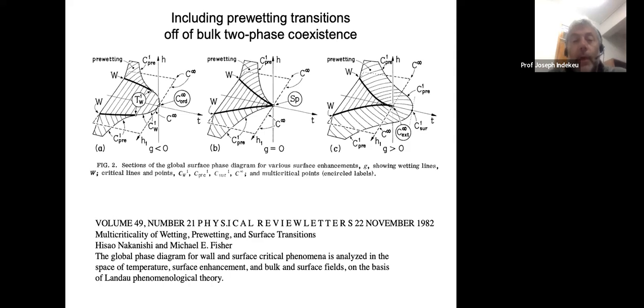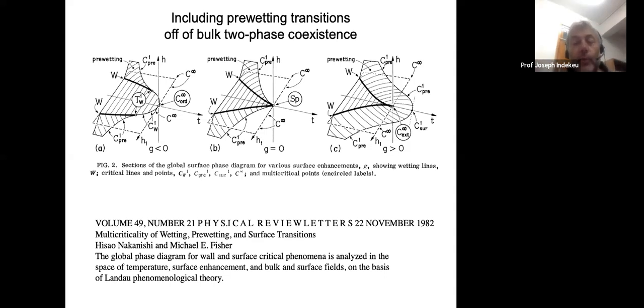And that possibly can arise in the form of a first order phase transition, discontinuity of slope of the surface free energy. And then if that happens, you can follow that, what is called pre-wetting transition. You can follow it towards bulk two-phase coexistence by letting the bulk field go to zero.